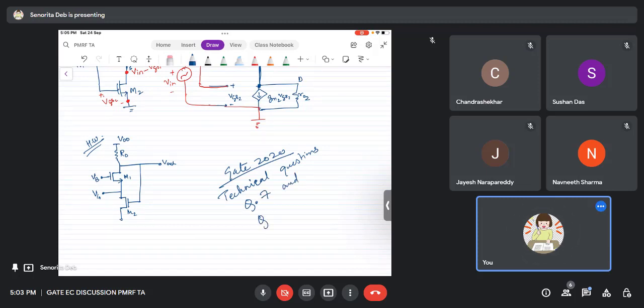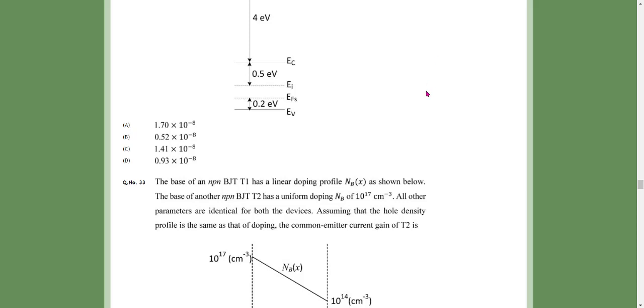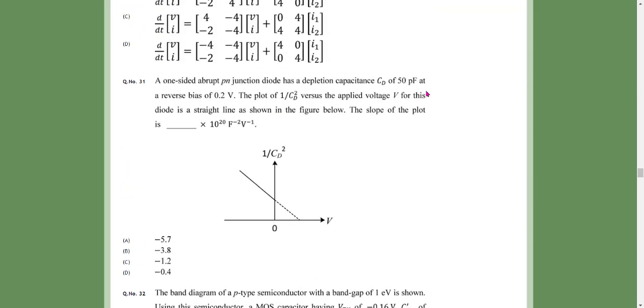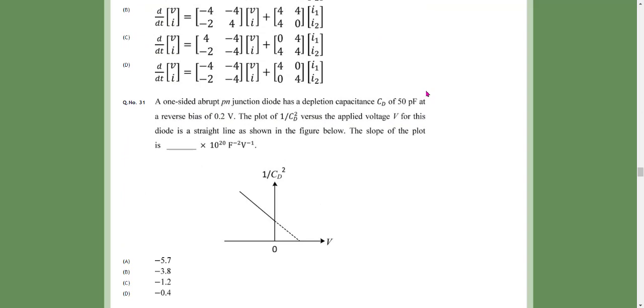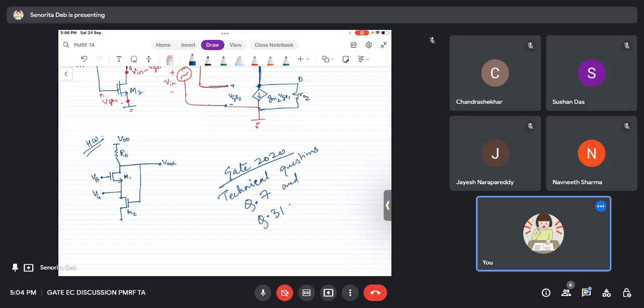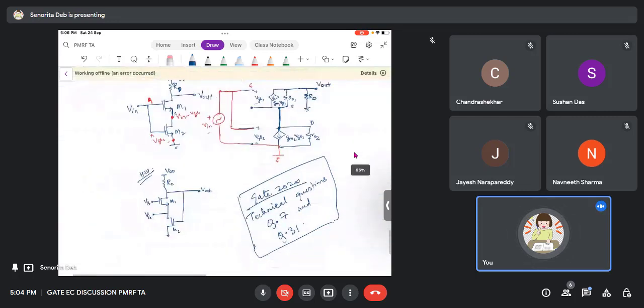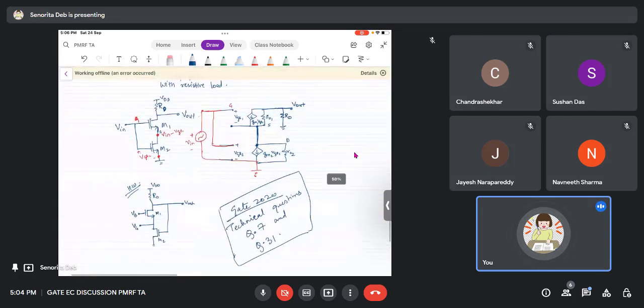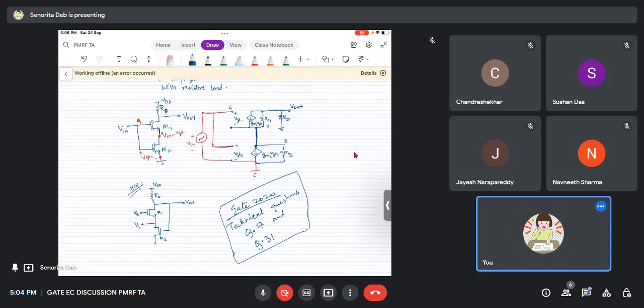Question number 7, and I think it was question number 30. Is it? It was question number 31. Okay. So you can also see these two questions. Next class I will try to solve these two, and then we will move forward with MOSFETs.